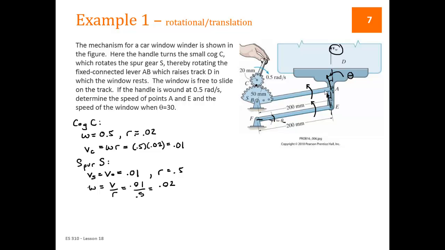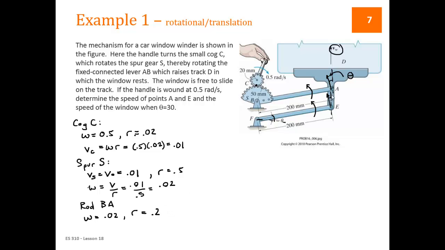Well, this rod is rigidly attached to that spur gear, so this rod is also moving at an angular velocity of 0.02. So this point out here, point A, so we have rod BA, has an angular velocity of 0.02, and a radius, or length in this case, of 0.2.